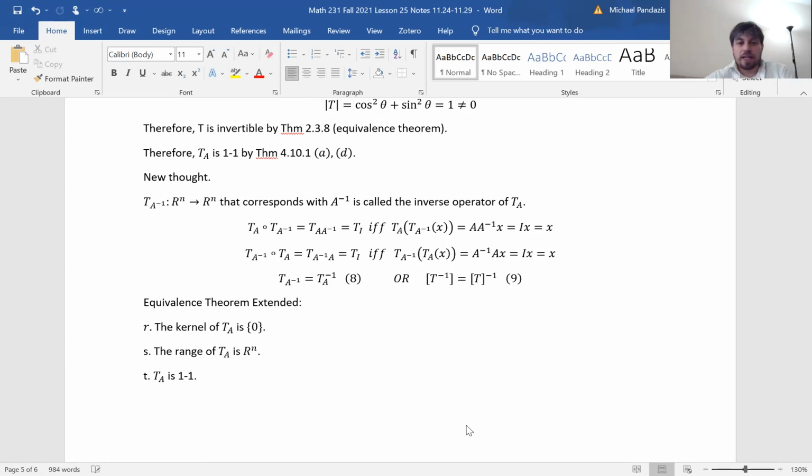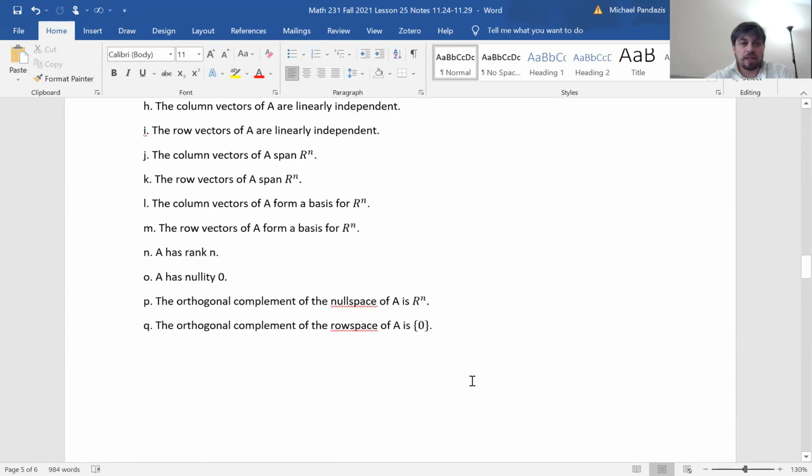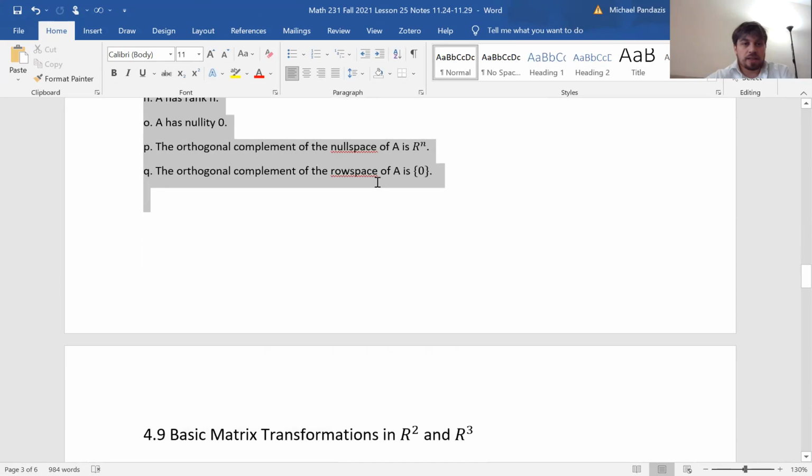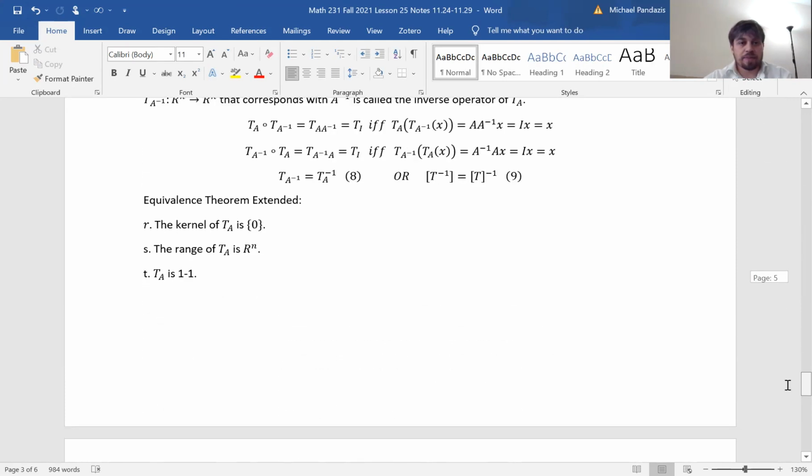In the last lesson, we had the equivalence theorem. I wrote out all the parts of theorem A through Q. And so I'm extending that to this theorem.